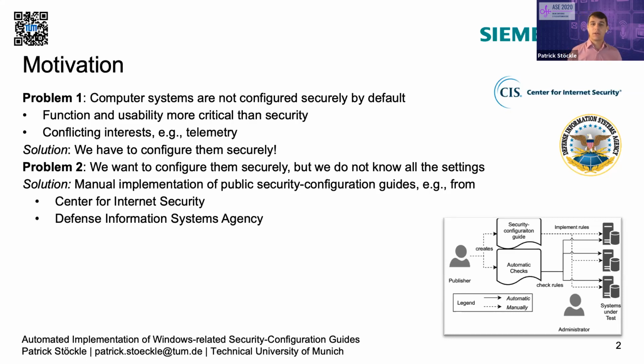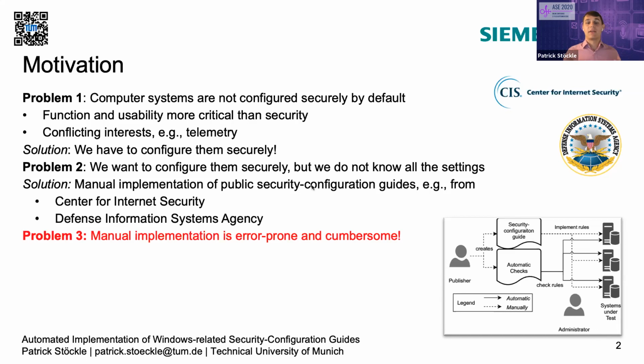They provide us with the guides themselves and with automatic checks for the guides. So once a publisher publishes those guides, the administrator can configure the system securely based on those guidelines.